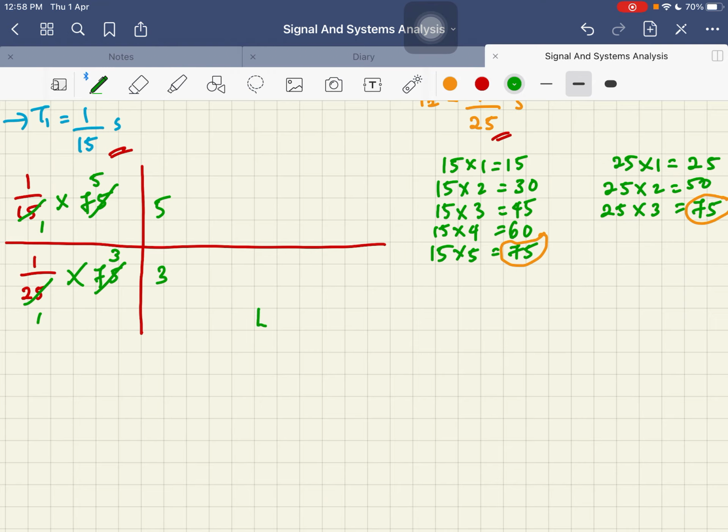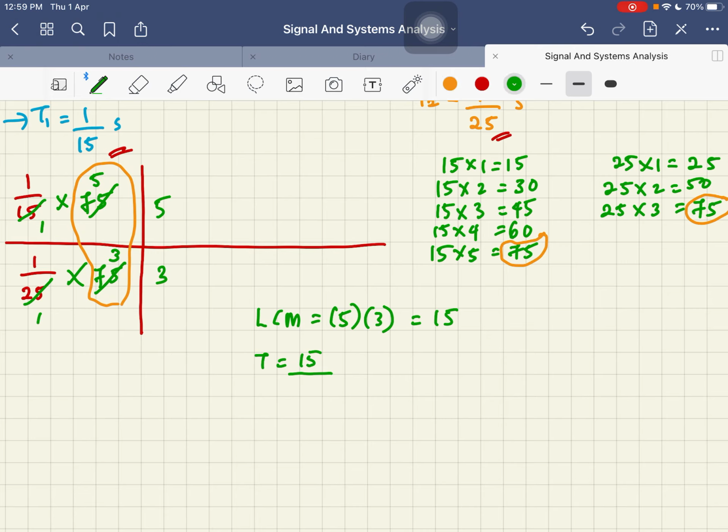So the least common multiple is 5 times 3, which is 15. Now the fundamental period will be 15, but remember, at the beginning here we multiplied the two numbers with 75 in order to make them integers, because the least common multiple method requires integer numbers.